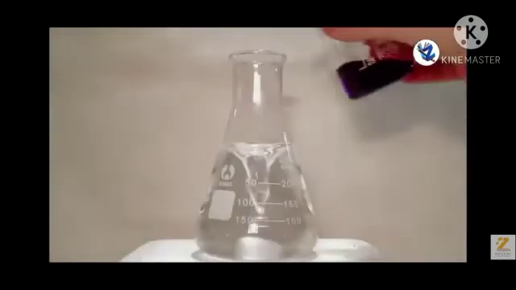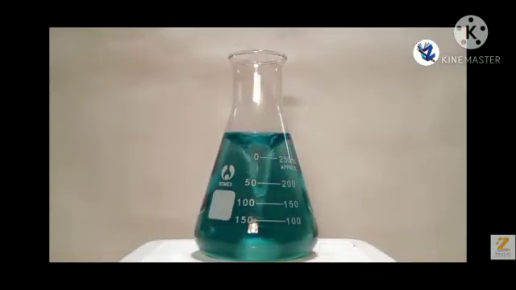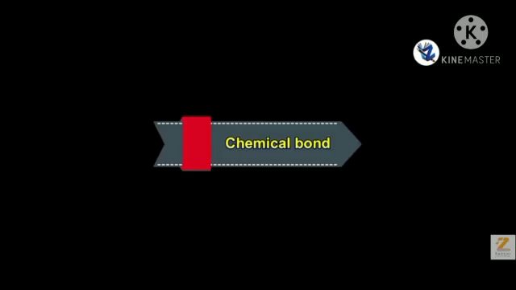So now we know that the composition of matter changes during a chemical change and new substances having different properties are formed. When this happens, some chemical bonds in the reactants break and new substances called products are formed by formation of new chemical bonds. So let's see what is a chemical bond.